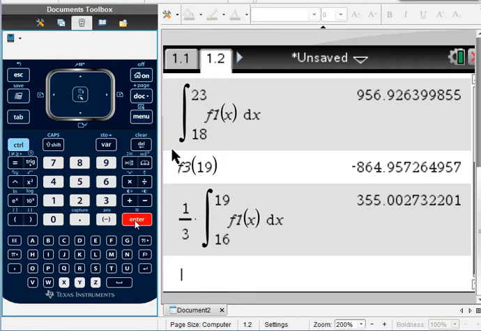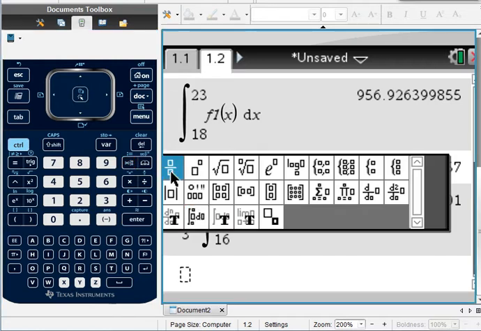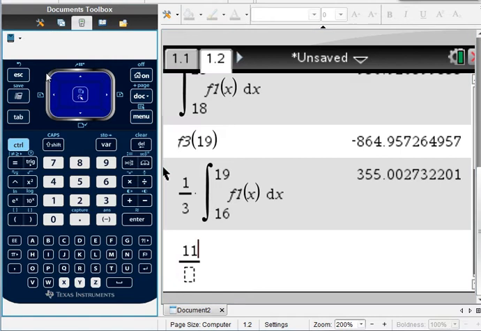So you get the same answer there. And the second one would be 1/3 on the outside. Whoops.